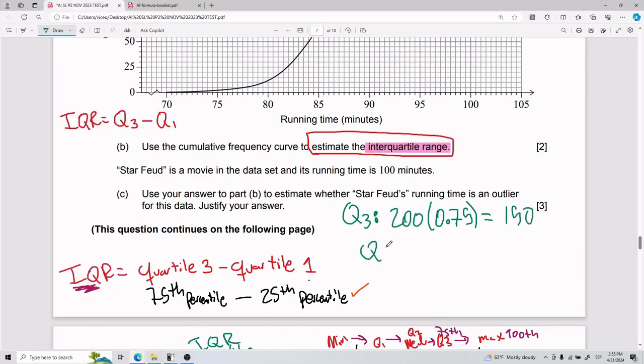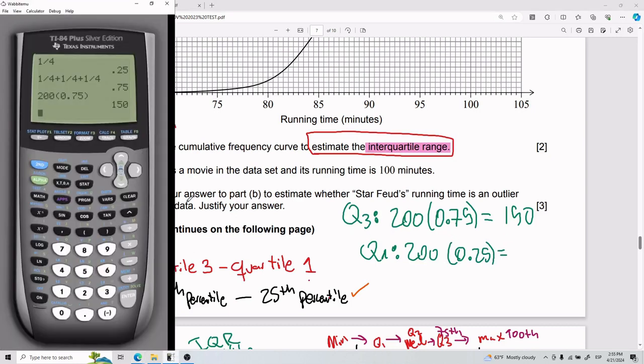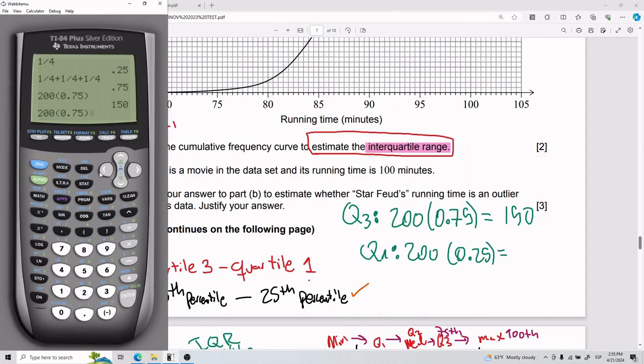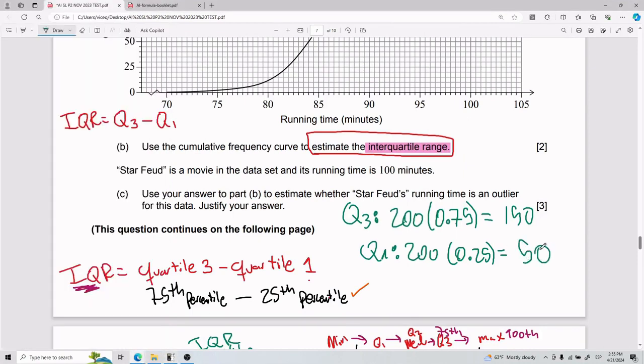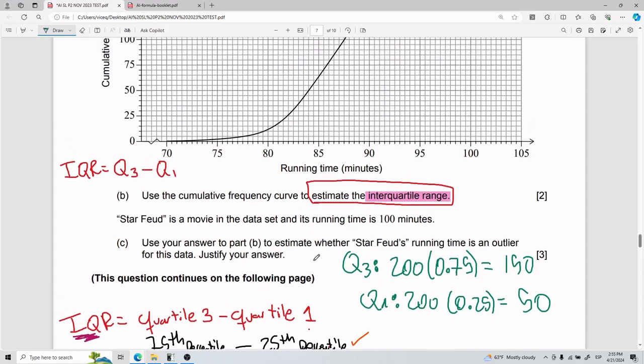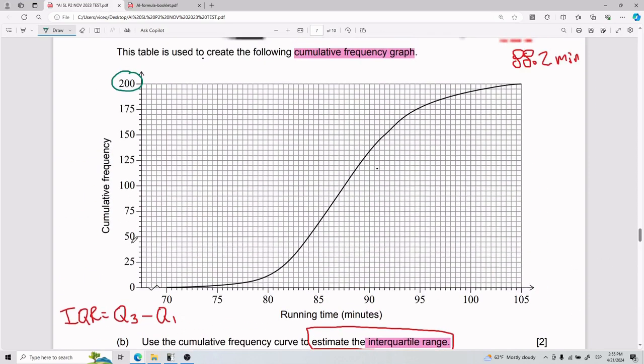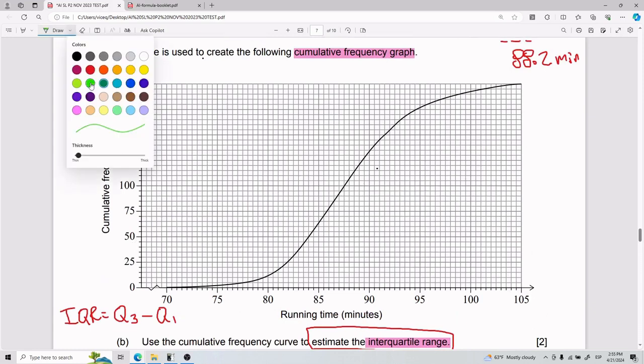And for Q1, I'm going to do 200 times 0.25. So which movie is at my 25th percentile, or my quartile 1? 200 times 0.25, 50. So Q3 has to be at 150, Q1 has to be at 50.